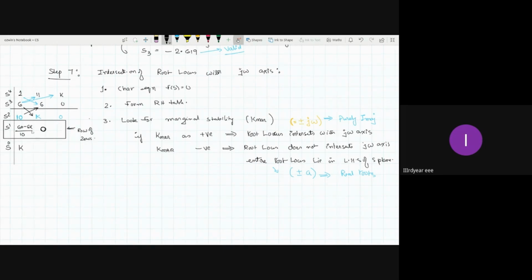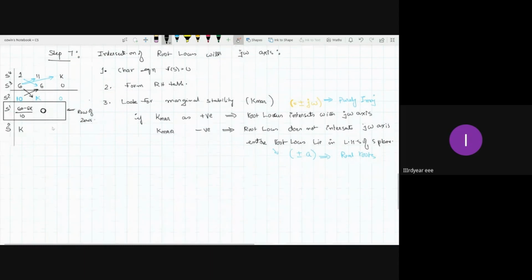So what we will do, first we will try to determine the value of K. We know that for stability, 60 minus 6k by 10 should be greater than 0, because for stability we want the coefficients in the first column of the RH table to be positive, or have the same sign.